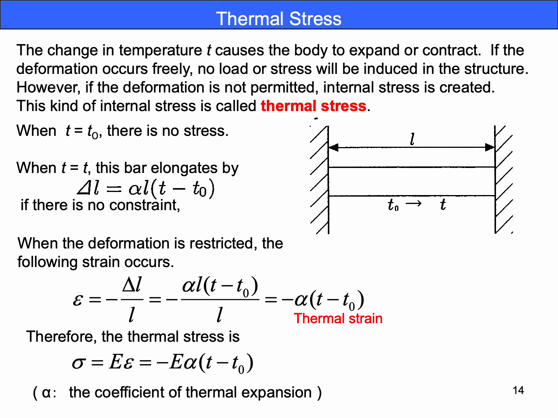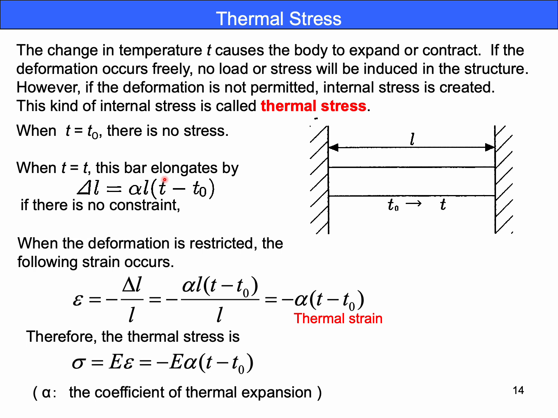Let, for example, such a straight bar be fixed between these rigid walls at the temperature T0. The temperature will then be increased to T. Let us consider this problem.